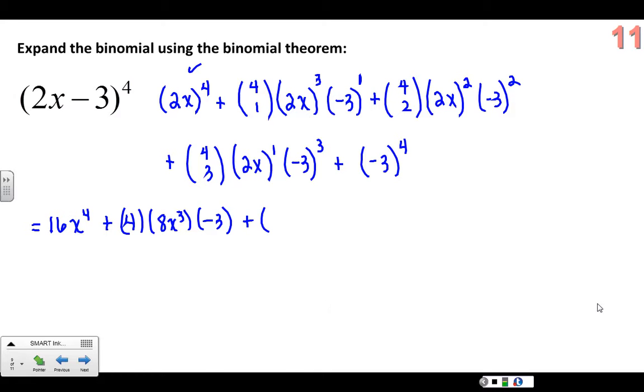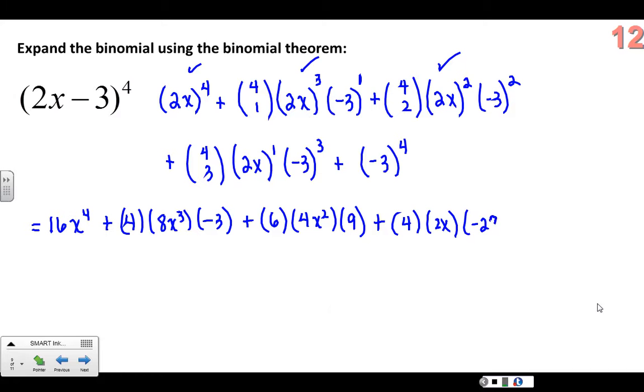Okay, 4 choose 2 is 6. 2x squared will be 4x squared times 9. All right, 4 choose 3 is 4 again. 2x to the first and negative 27. And then the last term is negative 3 to the fourth, which would be just positive 81.